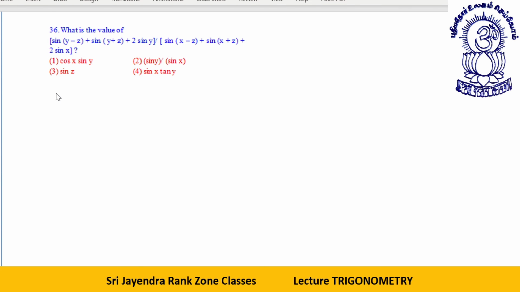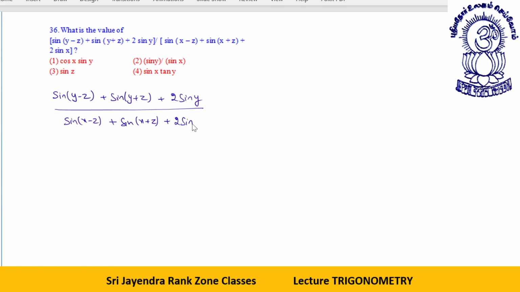What is the value of sine(y minus z) sine(y plus z) plus 2 sine y, upon sine(x minus z) sine(x plus z) plus 2 sine x? Let's say I put z is equal to 0.